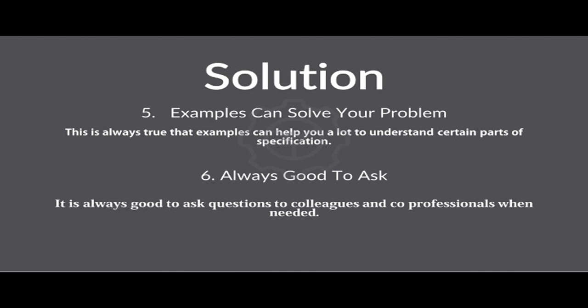It's always good to ask questions to colleagues, friends, or professionals like our teacher and professor about the problems that we face, because most of the time they already know about this specification and they already know the answer. So thank you for everything, and that is how we can read and understand a 3GPP specification more easily.